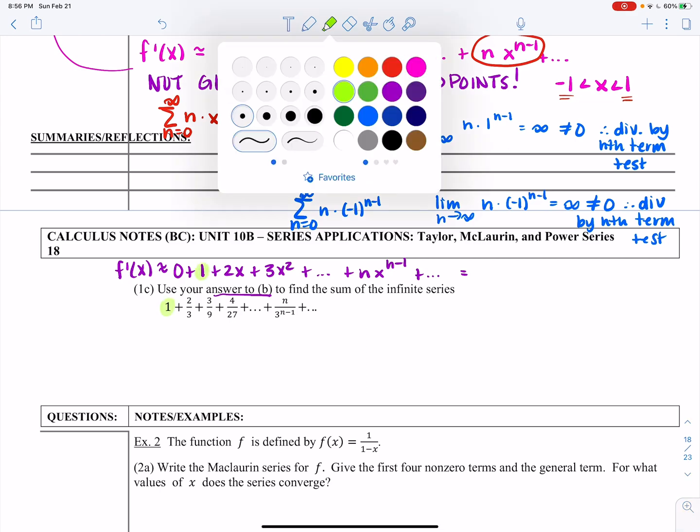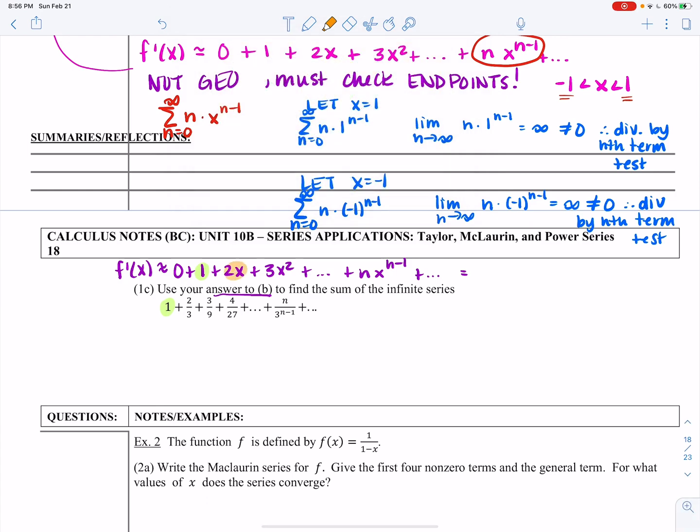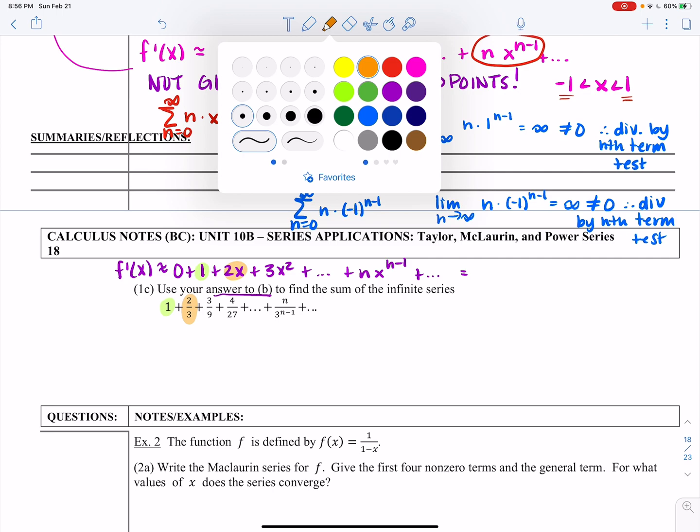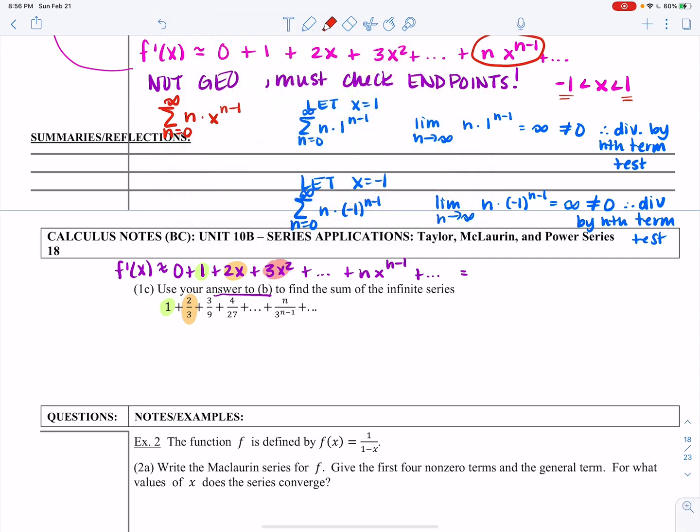If I look at the next term, this is 2x and this is 2/3. If I look at the next term, this is 3x squared and 3/9. If I look at the next term, it's going to be 4x cubed. And so I can make a conclusion that it looks like x is possibly 1/3.